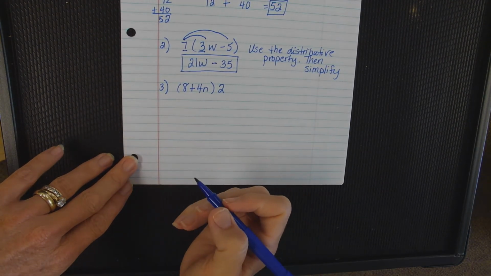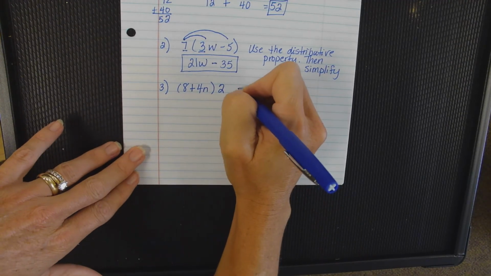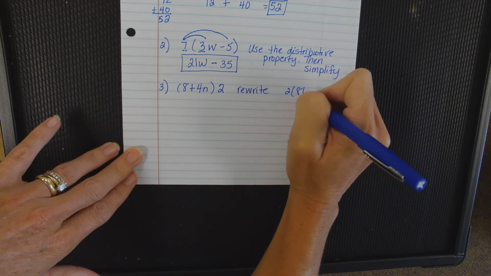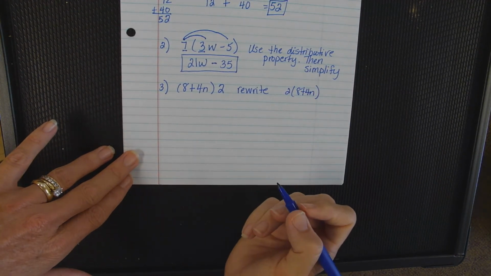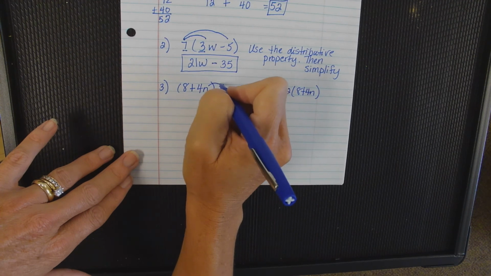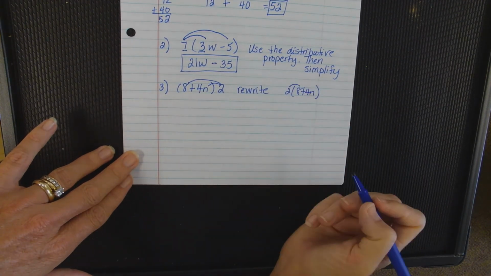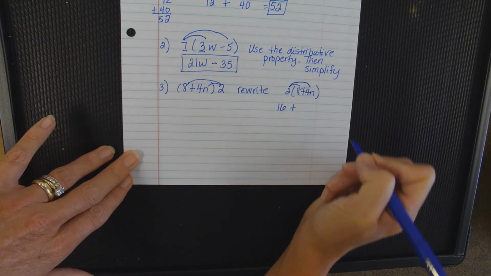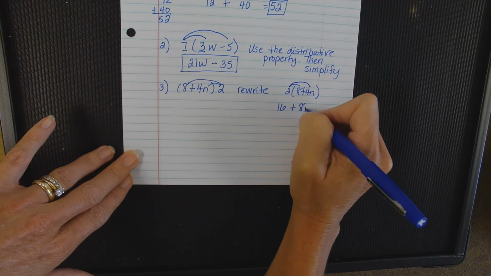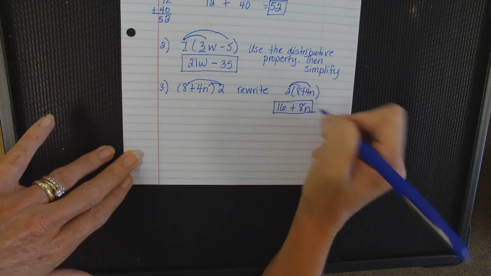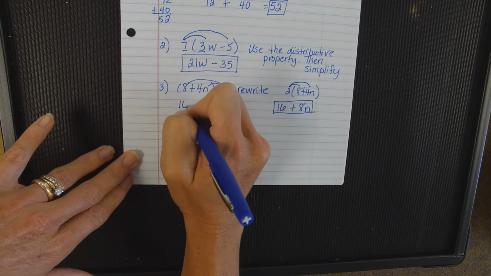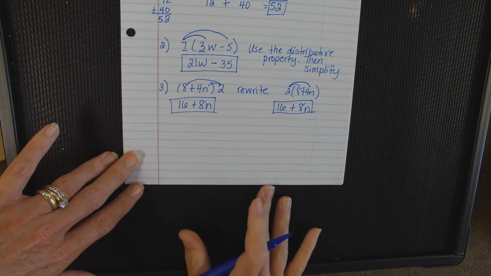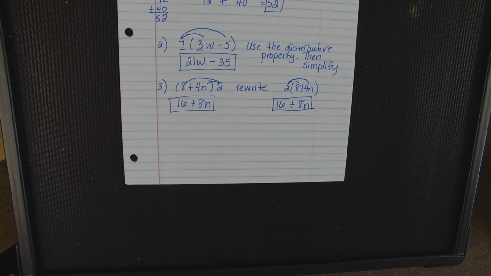If you're a creature of habit, I kind of am myself. If you want to rewrite this, you can. You don't have to. 2 times 8 is 16. 2 times 4n is 8n. You are done. Same thing over here. 2 times 8. Who got it right? Good.